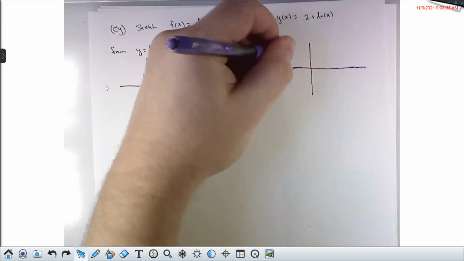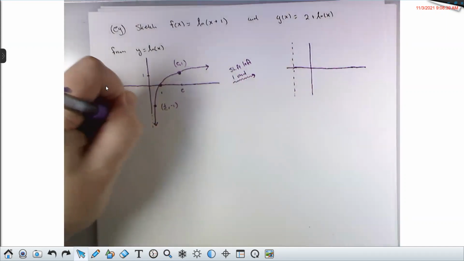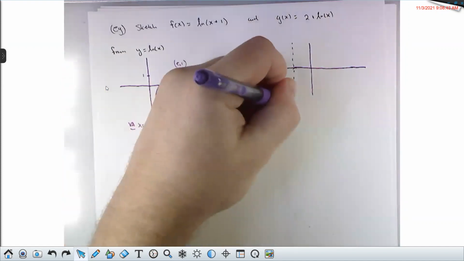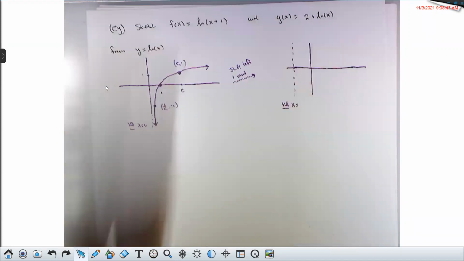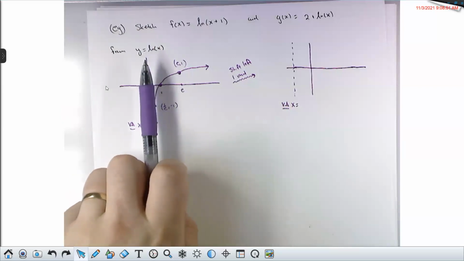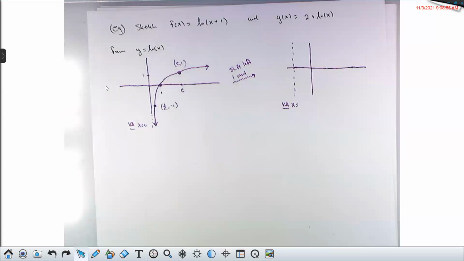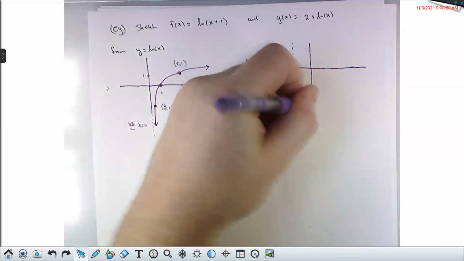The vertical asymptote used to be x equals 0. The new vertical asymptote is what? If I take the line x equals 0 and shift it to the left by 1 unit, what does that become? -1. Very good.